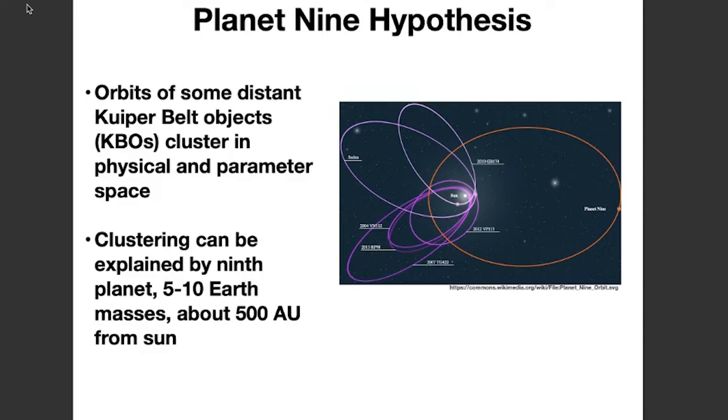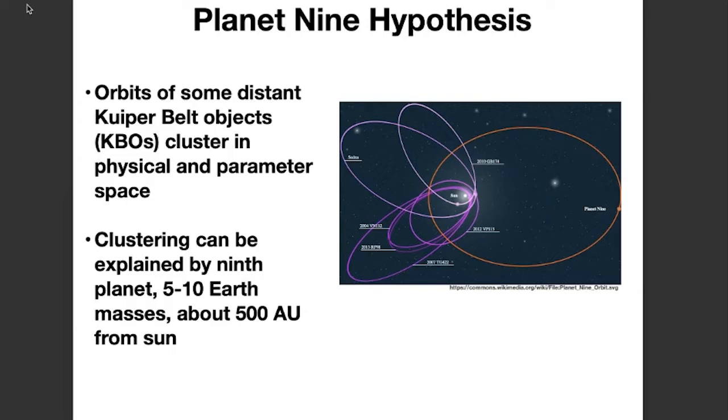And the motion of some of these Kuiper Belt objects has become interesting recently because there are 6 objects that have orbits that are clustered in both physical space and parameter space. And the clustering can be explained through the presence of a fairly large planet, about 5 to 10 times the mass of Earth, located at about 500 astronomical units.